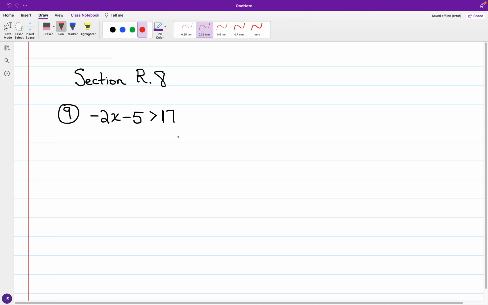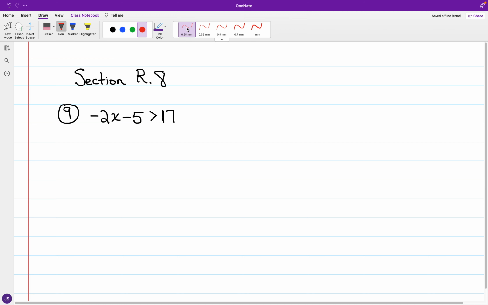From this section, we're looking at solving for x in the case of problem number 9, and we have the statement that negative 2x minus 5 is greater than 17. Looking at solving for x, you're going to isolate the x term just as you would if we had an equation like negative 2x minus 5 is equal to 17.